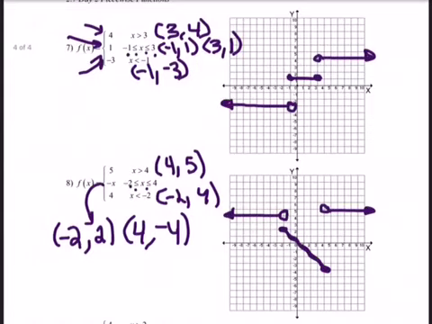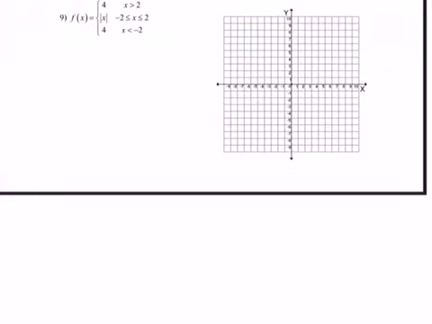Alright, what if one of the equations in my piecewise function is not linear? Looking at the absolute value of x, I know absolute value of x is that V. This particular one has a vertex at (0, 0), which happens to fall within the interval that's given here, so I need to keep that in mind when I draw my picture.